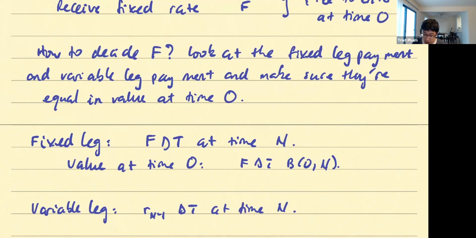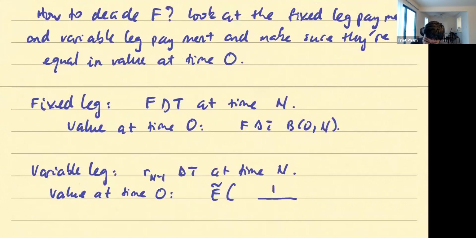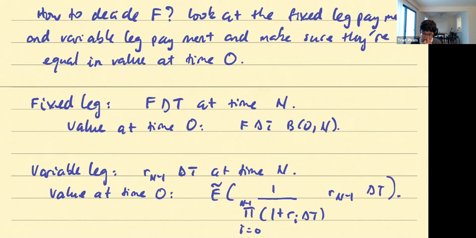The value at time 0 seems like something like this, which is the risk neutral expectation of the discounting product, 1 plus Ri delta t, i from 0 to n minus 1, and Rn minus 1 delta t, like that.